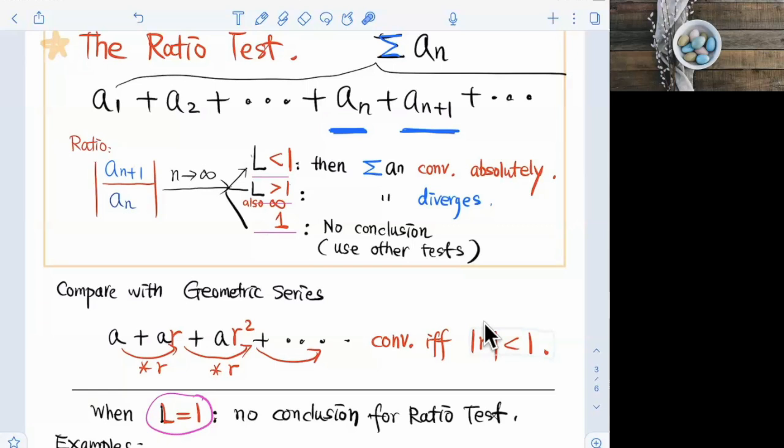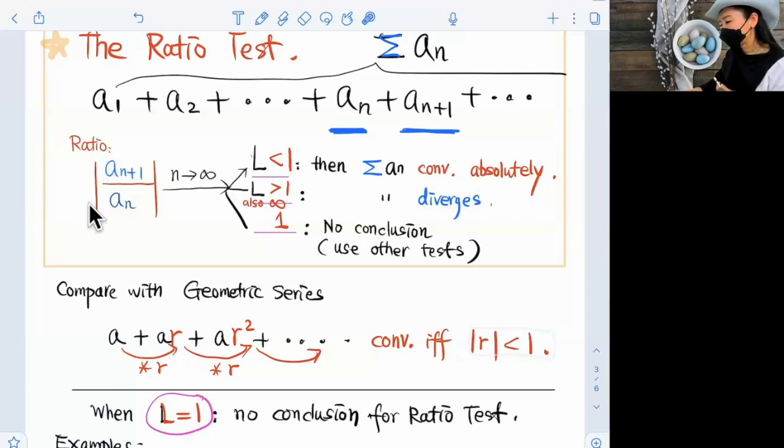So at the end it's kind of like a geometric series: every term is multiplied by a number a little less than 1 to get the next one, and so on. In the long run it behaves almost like a geometric series, so it's going to converge when this is less than 1. Compare with the geometric series and try to understand that. So we understand that when this is less than 1, it converges absolutely.